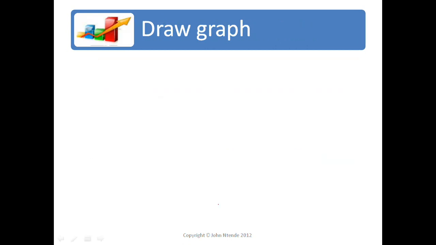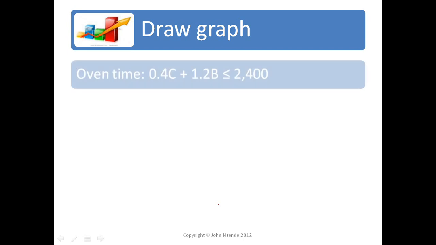Next, we have to draw the graph by plotting the constraints on graph paper. Now in an exam, you will be given graph paper, so it's very essential that you practice how to draw this information accurately on graph paper. Before we do that, we need to plot the following constraints.